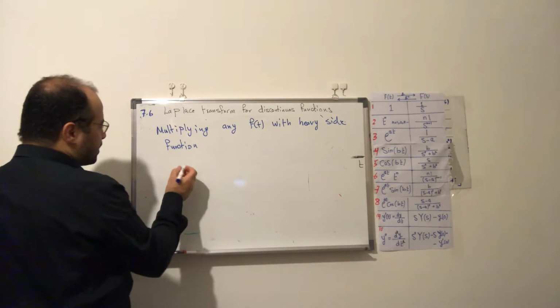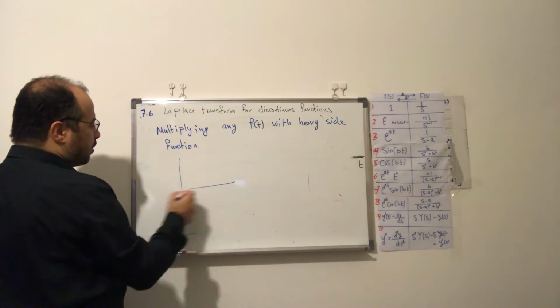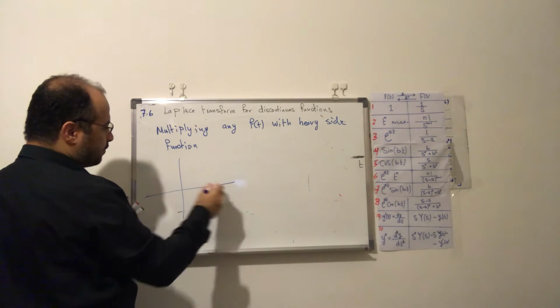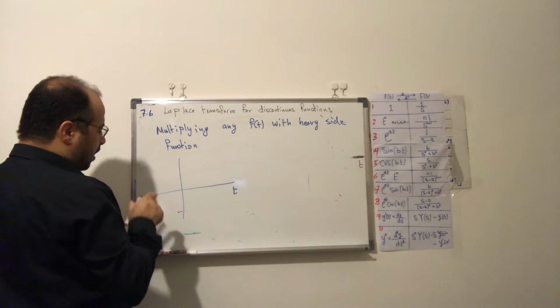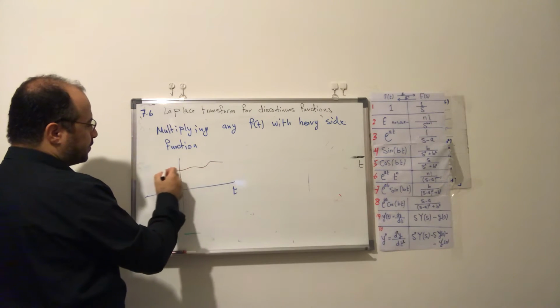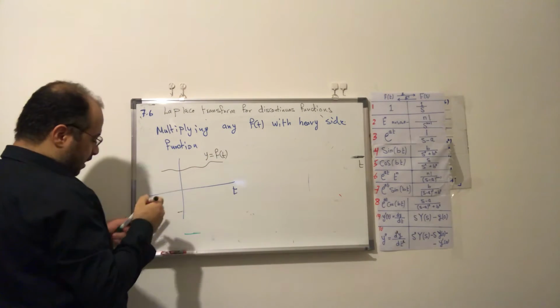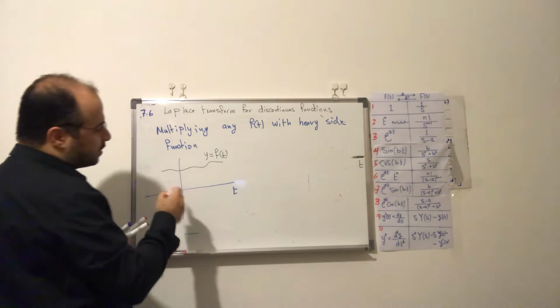Now, let me say I have a function called f of t. This is t, and now I'm drawing y equals f of t, yeah? And now I need to multiply this.